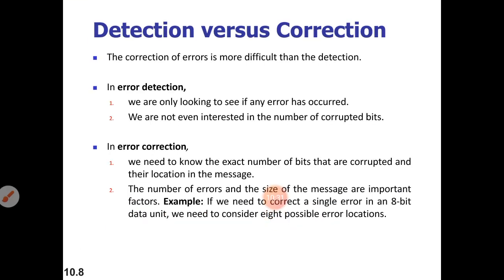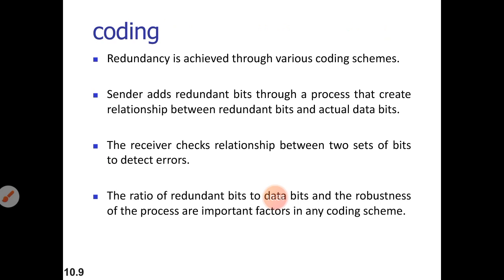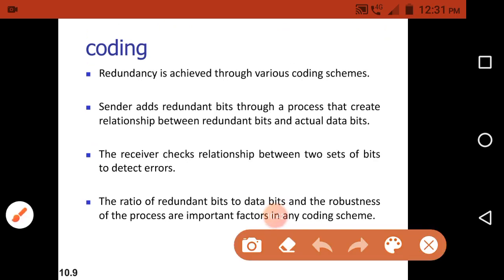Next we will move to another concept, that is coding. What is coding, and why do we have to use coding here? We use coding to achieve the redundancy approach. How can we achieve redundancy? Through the coding process. The sender adds redundant bits through a process that creates a relationship between the redundant bits and the actual data.